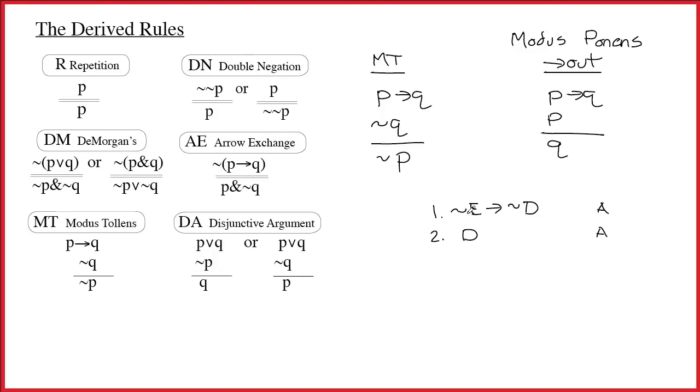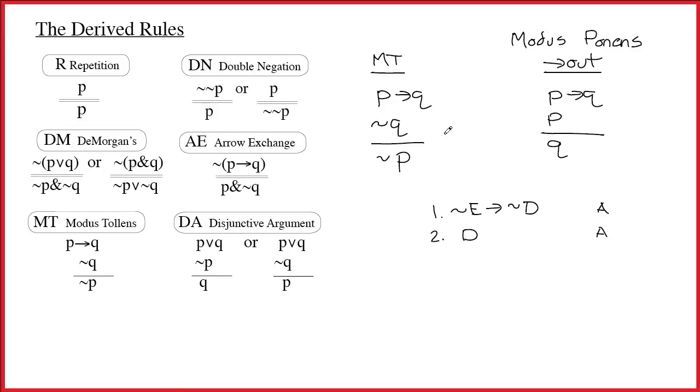All right, we think about arrow out first, and if we had tilde E, we could do arrow out. Yeah, but obviously we don't have tilde E. So what would you need for modus tollens? You need the negation of Q. What would the negation of Q be?